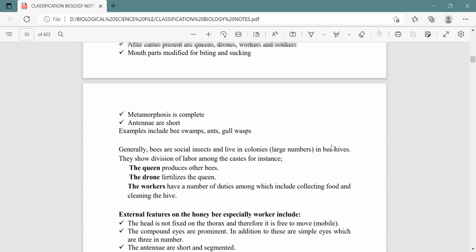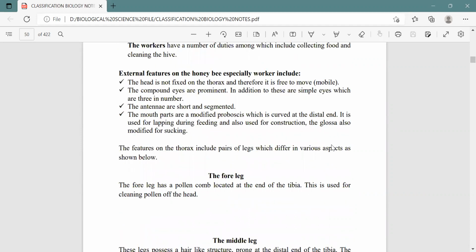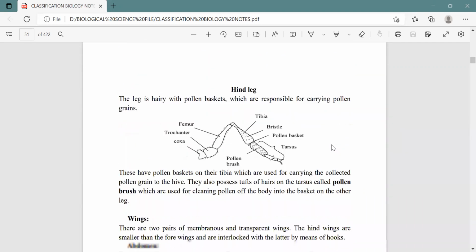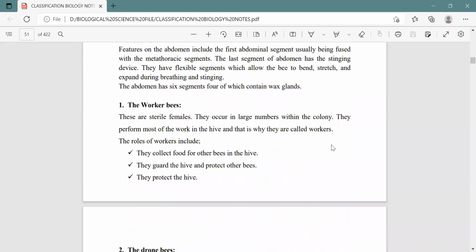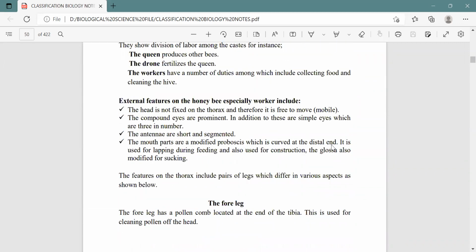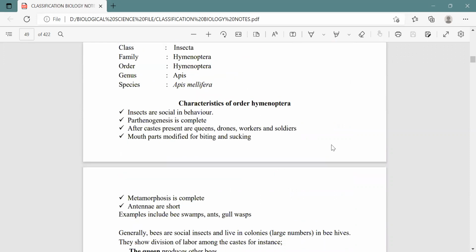So the external features and characteristics of the honeybee, Apis mellifera, are also given here. They form what you call the caste system: the queen, the drone, the workers, and the soldiers.